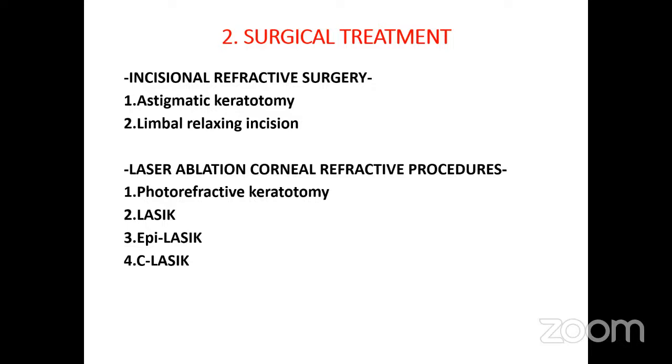But in case of mixed or hyperopic, obviously we have to treat the hyperopic astigmatism also. Myopic is easier with laser ablative procedures, because in myopic ablation we treat the central part of the cornea, while in hyperopic we treat the peripheral part, which is more prone to regression later.